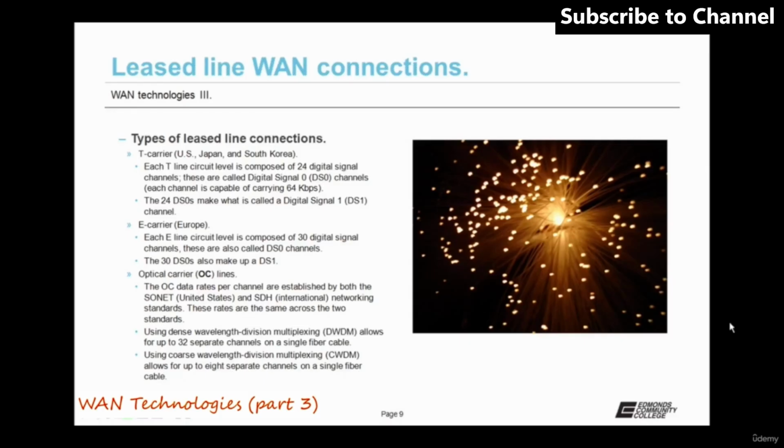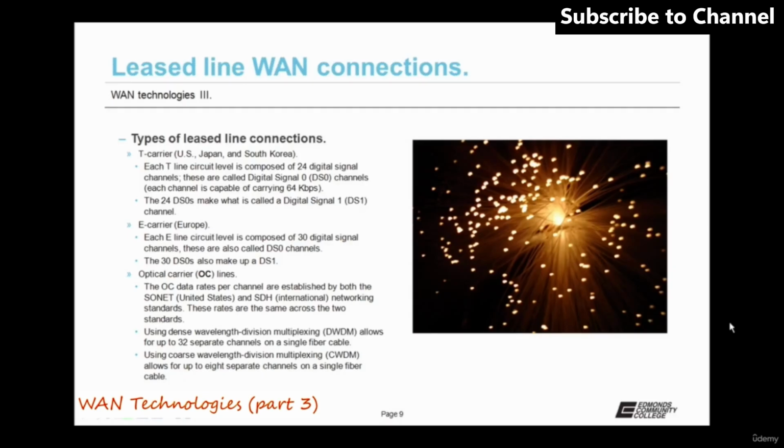In Europe, we have E-carrier lines. Each E-line is composed of 30 digital signal channels. These are also called DS0 channels. The 30 DS0 channels also make up what is called a DS1 channel. When we're talking about fiber optic speeds, we often talk about optical carrier lines, or OC lines.